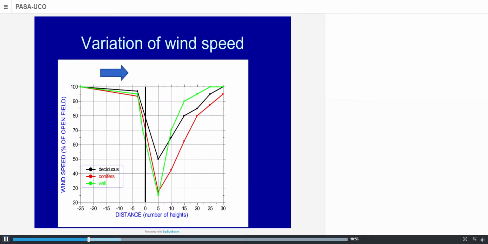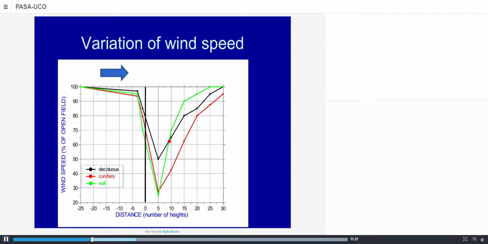Here we see the effect of the windbreak on wind speed upward. This is the direction of wind flow, and this is the windbreak at point 0. We see that we have some small effect in the direction from where the wind is coming.